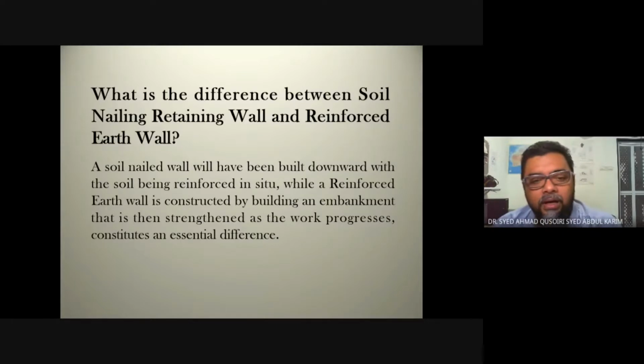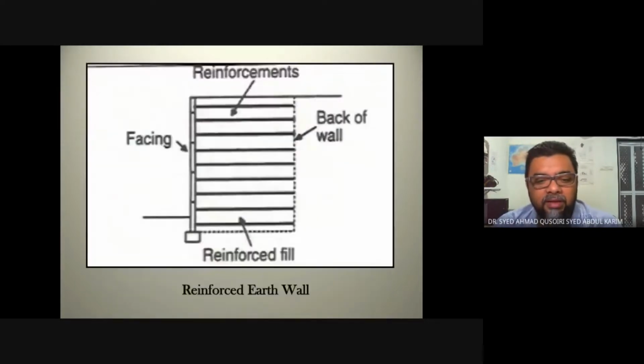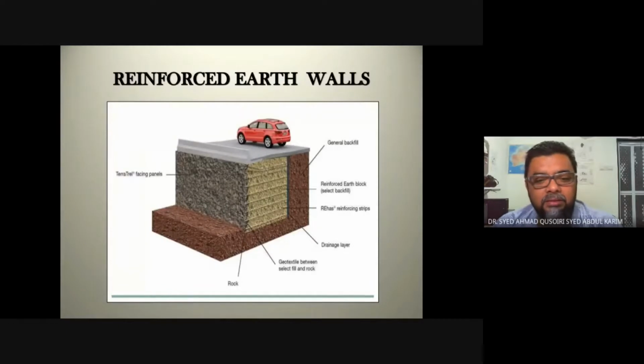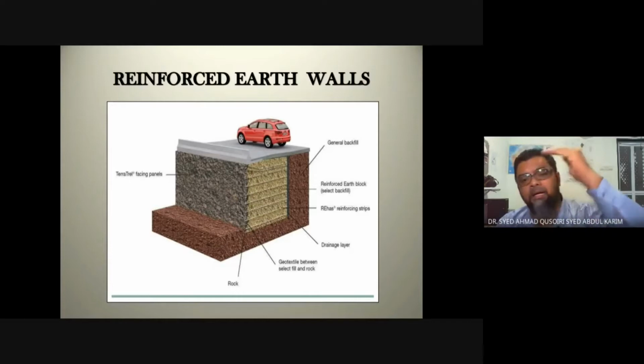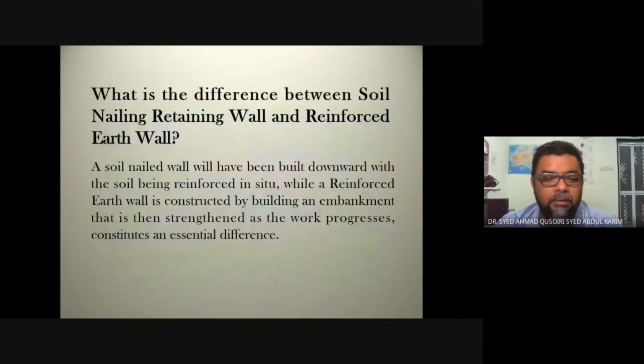As you stack the panels one over the other, you also arrange the reinforcement and then do the filling level by level. That constitutes the difference, but in terms of design, they are almost similar.